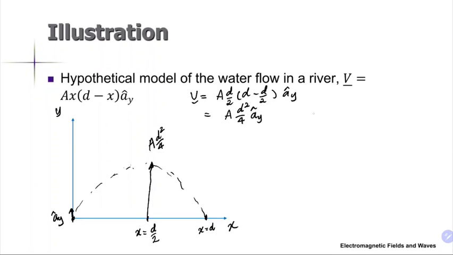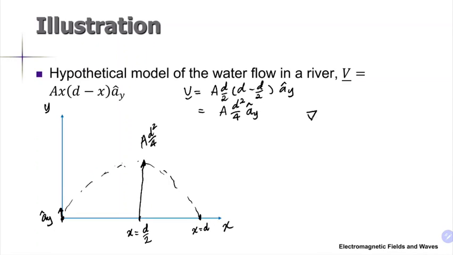So we want to do a curl of that. My equation has no component in x, so the x component is 0.